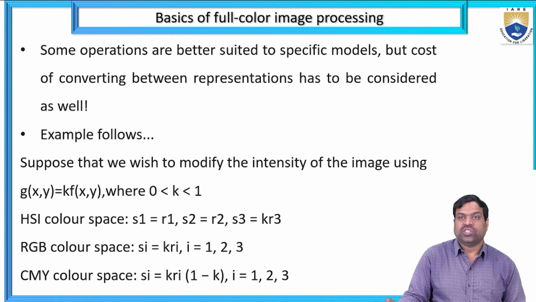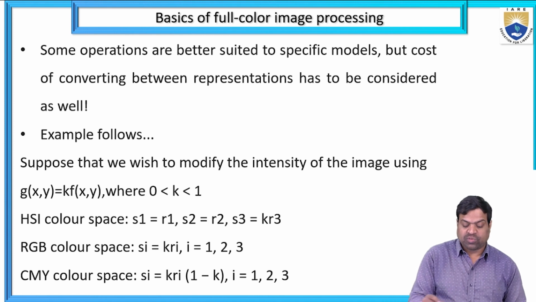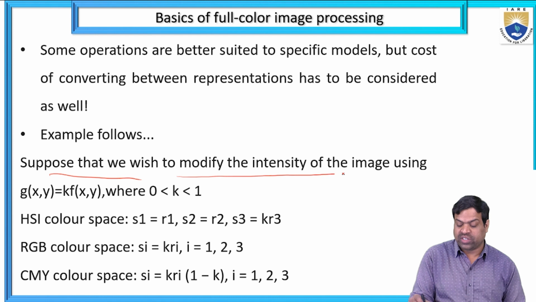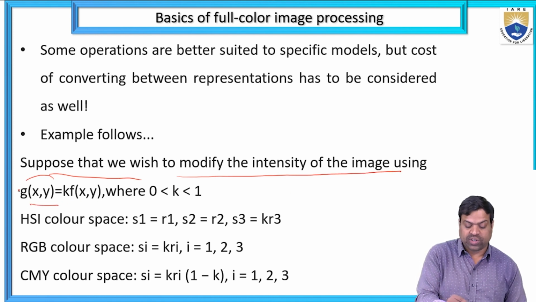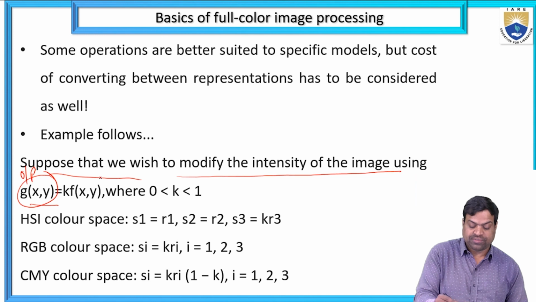So some operations are better suited to specific models, but the cost of converting between representations has to be considered as well. Example as follows. Suppose that we wish to modify the intensity of the image, g of x comma y equal to k times f of x comma y. So output image equals the input with a transformation technique.